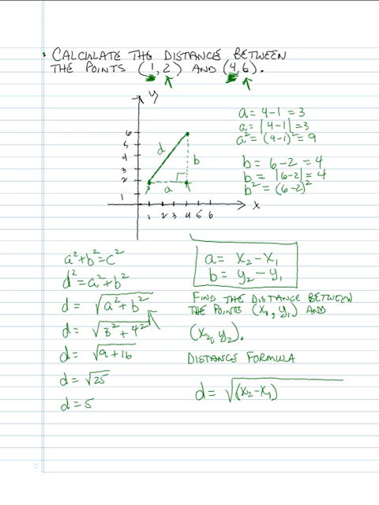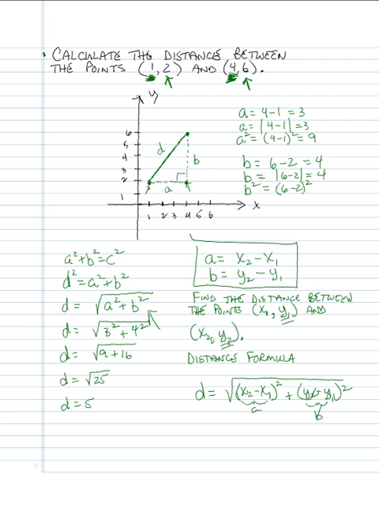Okay? And of course that a is squared. Plus the b squared, but b is nothing more than the difference between the y values. One y value here and a y value here, that's b, and b has to be squared.